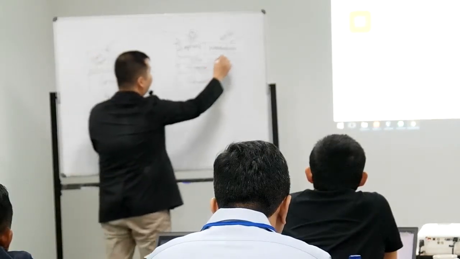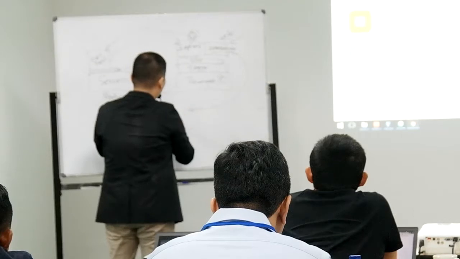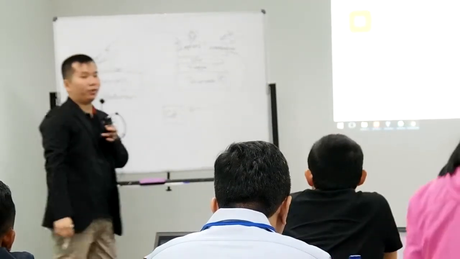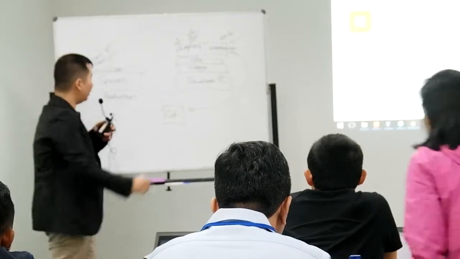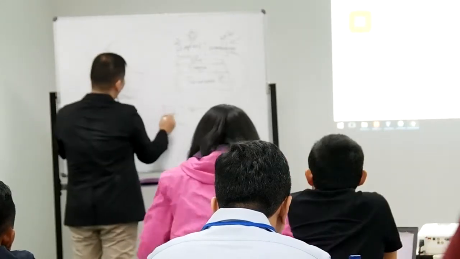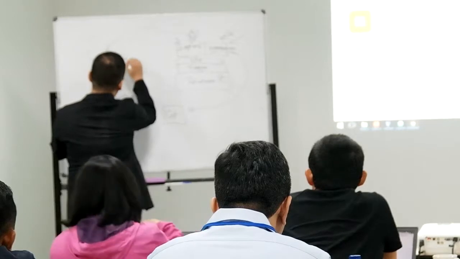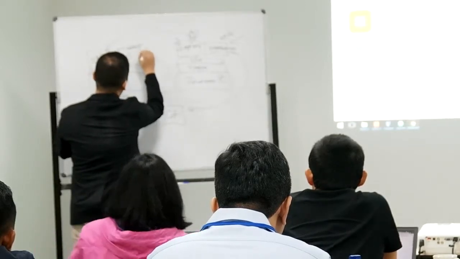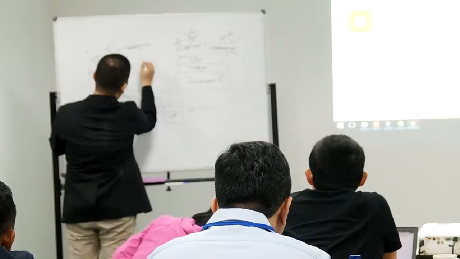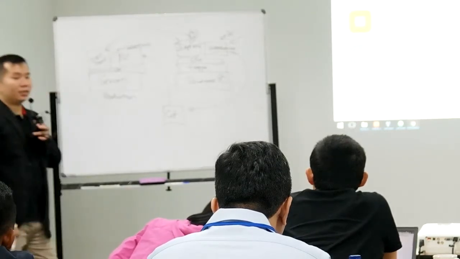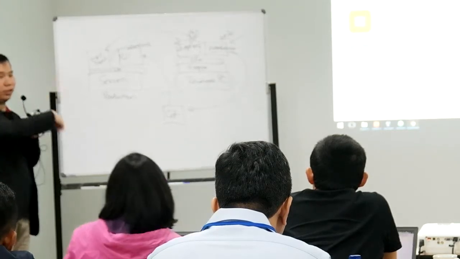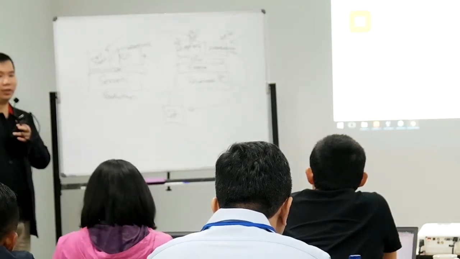After that, you can push it to Git. I think we'll have another session for Git. And from this Git, you can pull it into your production server. Oh, I see, that's the logic flow. Yes. Okay, thank you.